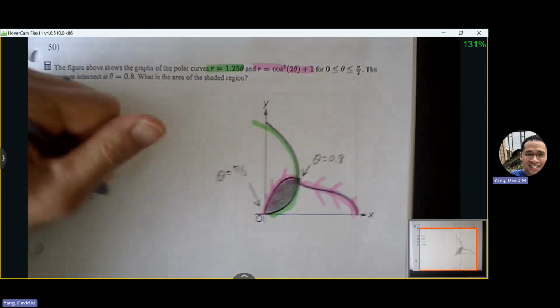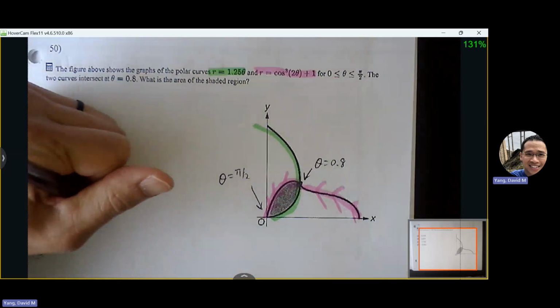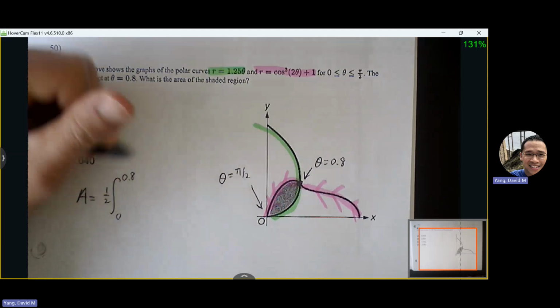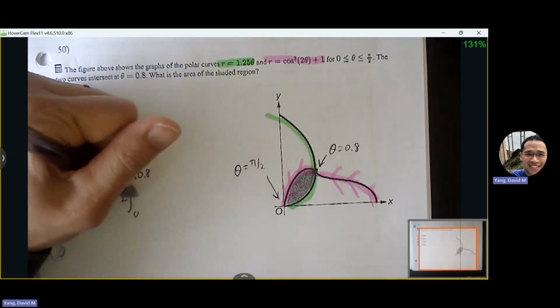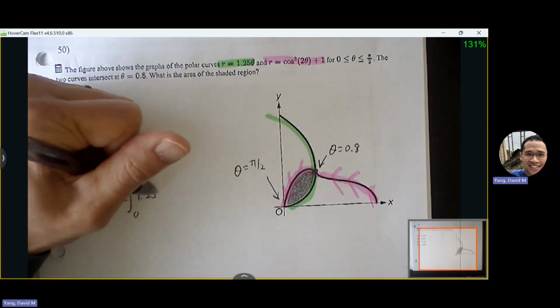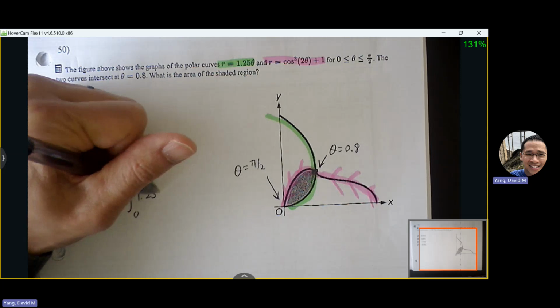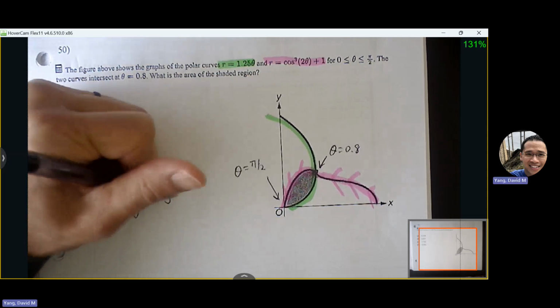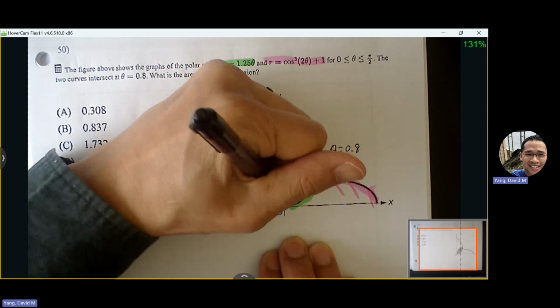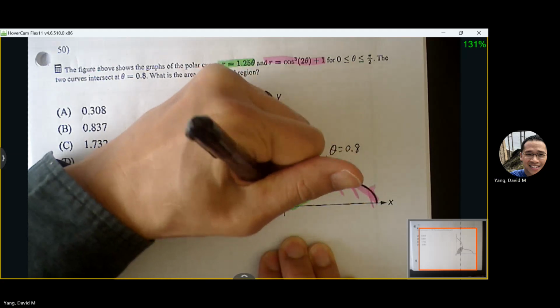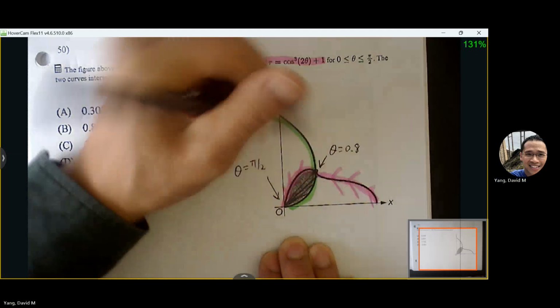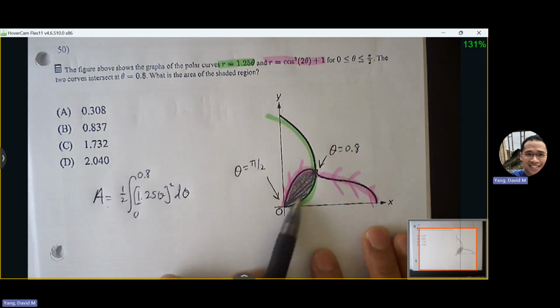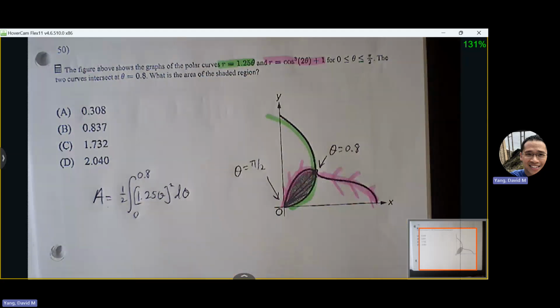So the area is 1/2 integral from 0 to 0.8 under the green graph, 1.25 theta squared d theta. This will give us this region here, up to theta equals 0.8.